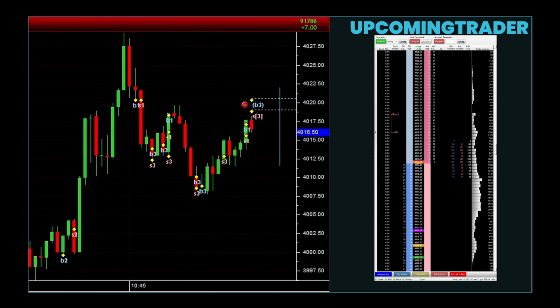trend. In addition to these patterns, channels are also useful tools for identifying trend continuations or reversals. Channels are formed by drawing two parallel lines along the price action, marking the upper resistance and lower support levels. Price tends to bounce within these channels until a breakout occurs.